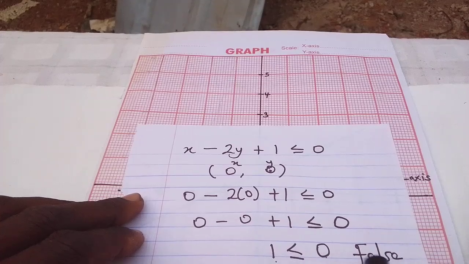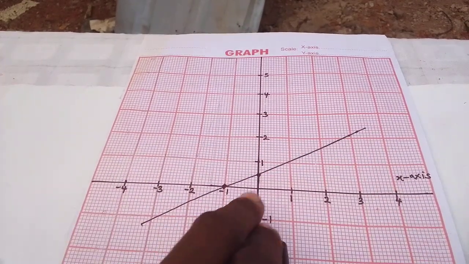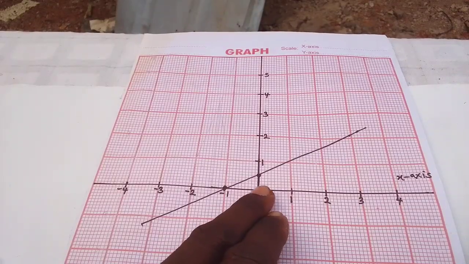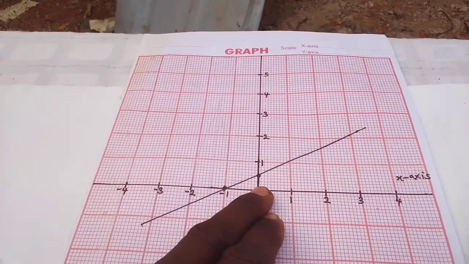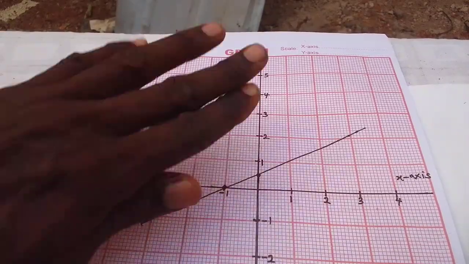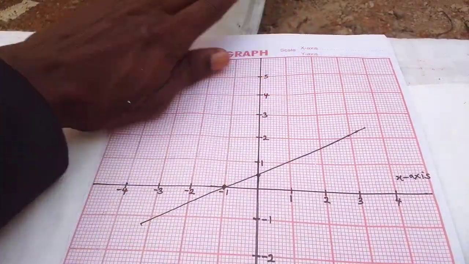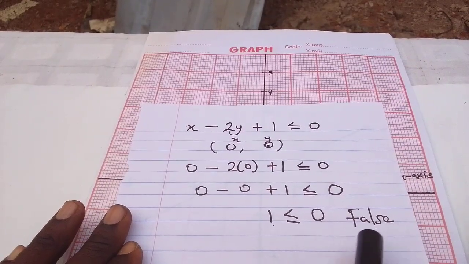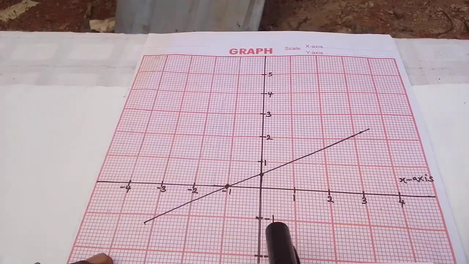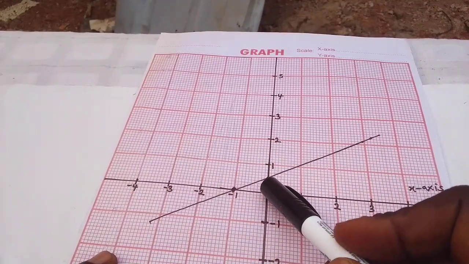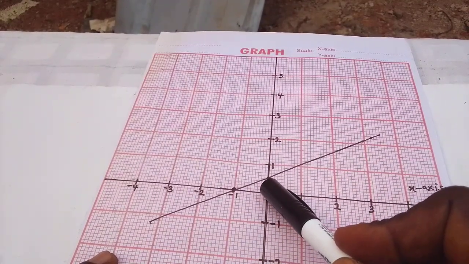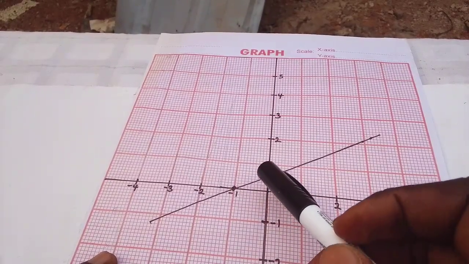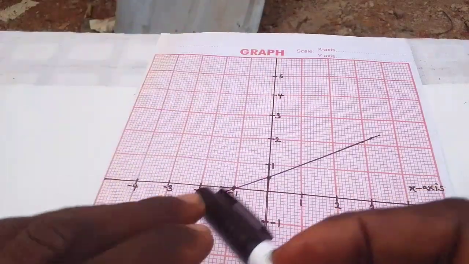So because of that, this expression is false. Because the expression is false when you pick the point x0 and y0, you are going to shade the opposite side of the graph.